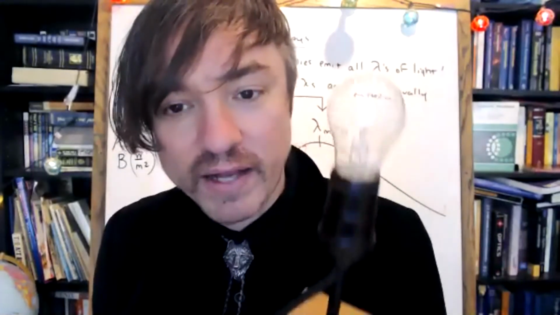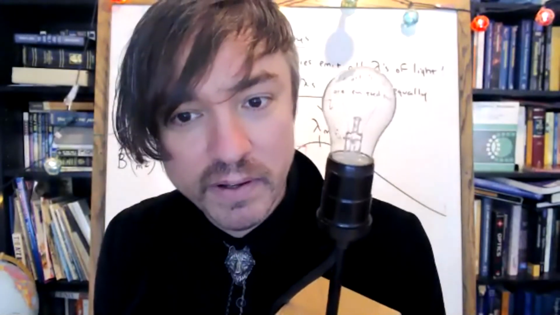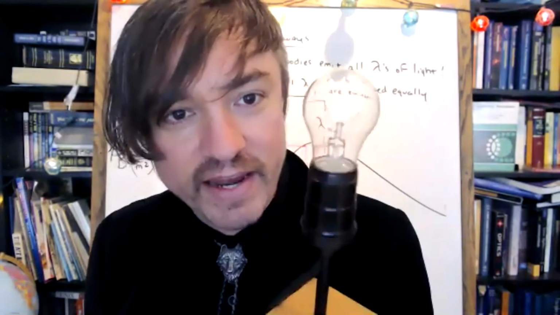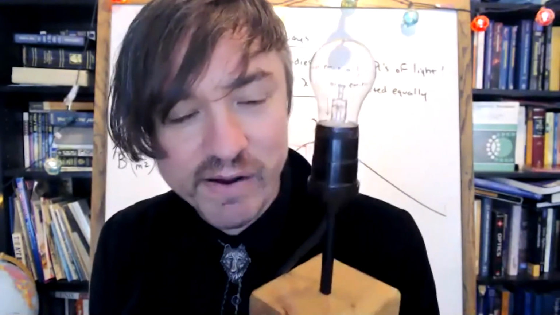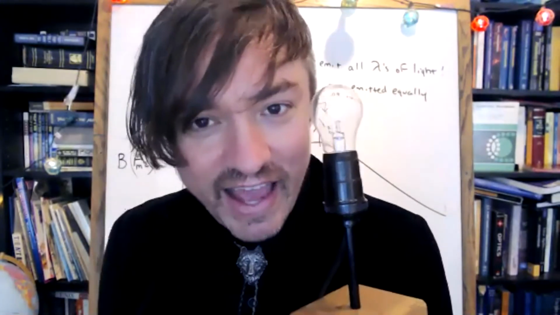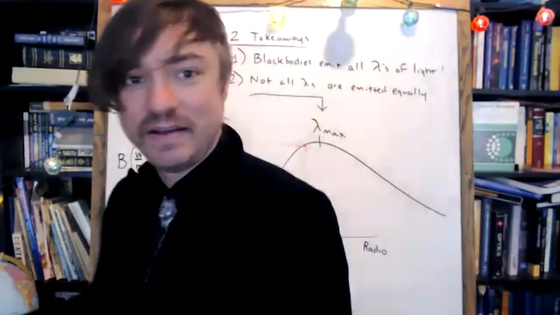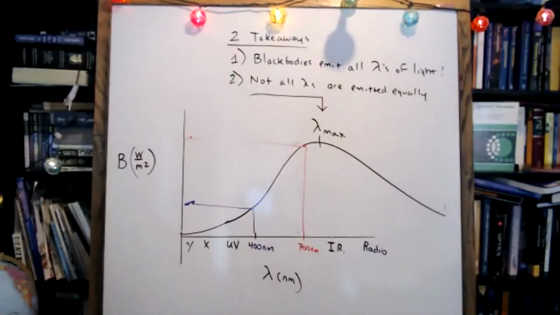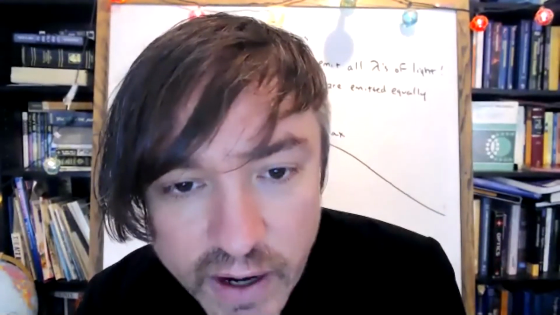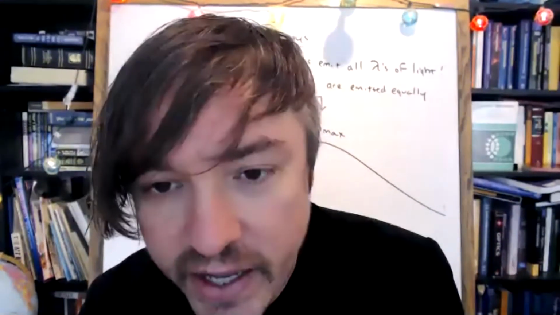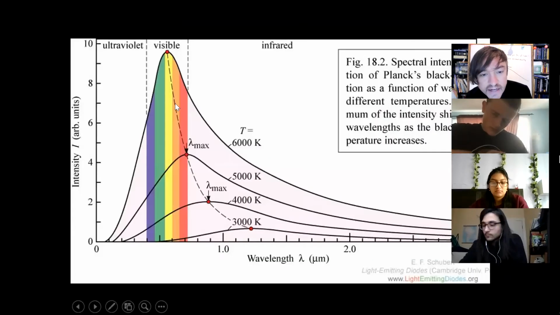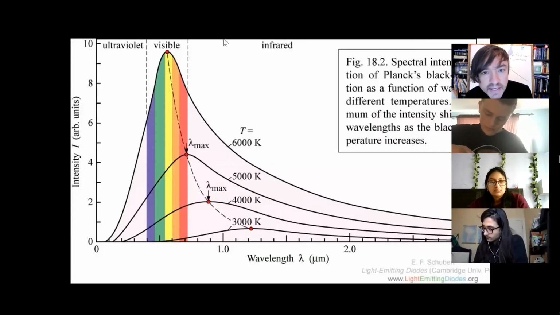Why would you want to spend money on a light bulb that pumps out the greatest amount of light in a wavelength that your eyes can't see? I mean, consider what a hideous waste it is. Let me show you a more professional version of the blackbody curve that we just drew. It's actually a family of curves that depends upon temperature.